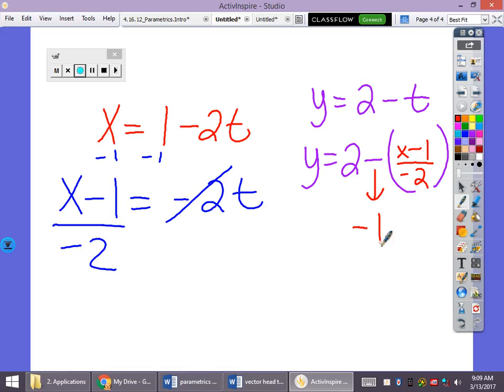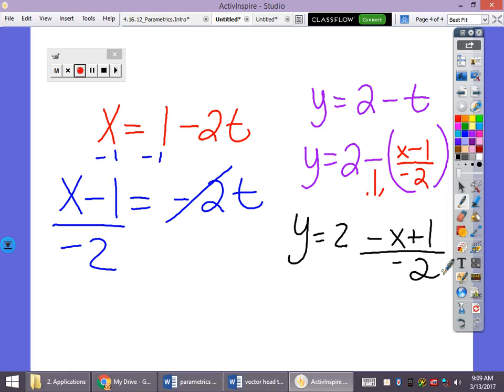Remember, this is like multiplying by a negative 1. Negative 1 over 1 is a negative 1. If you give them both negatives, it becomes a what? Positive 1. That's why you can only distribute it to either the numerator or the denominator. I distribute it to the numerator to keep it consistent, okay? So that gives me y equals 2 minus x plus 1 over a negative 2.